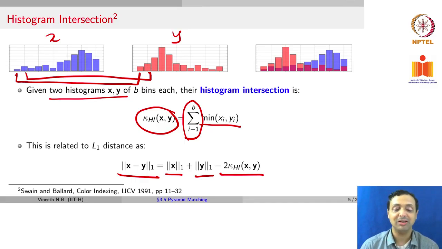Try it out for yourself. Take a couple of examples of X and Y. You'll actually see that it holds in practice. Please try proving this also if you can. This is an interesting exercise, but you can show that this histogram distance is related to the L1 distance. Remember, L1 distance is the sum of absolute values of that vector.